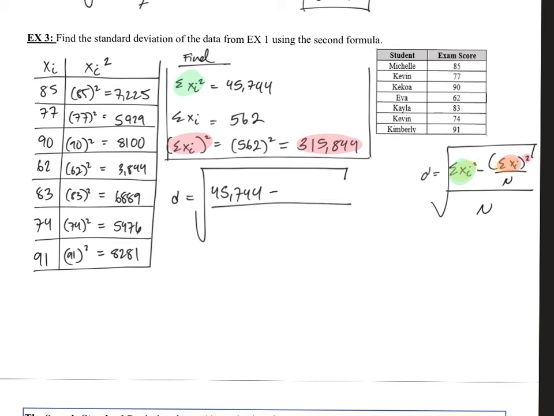So minus the 315844 divided by N, and what is N? That is my sample size, or my population. 1, 2, 3, 4, 5, 6, 7. And all over, once again, divided by 7, which I'll mark in the blue for 7. Okay, so just to make sure you know where every number came from.